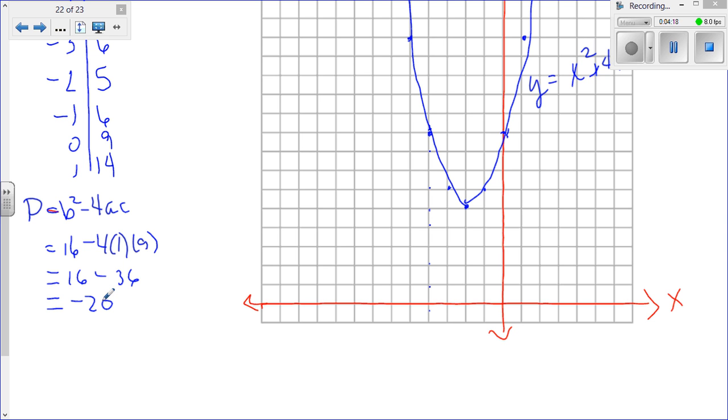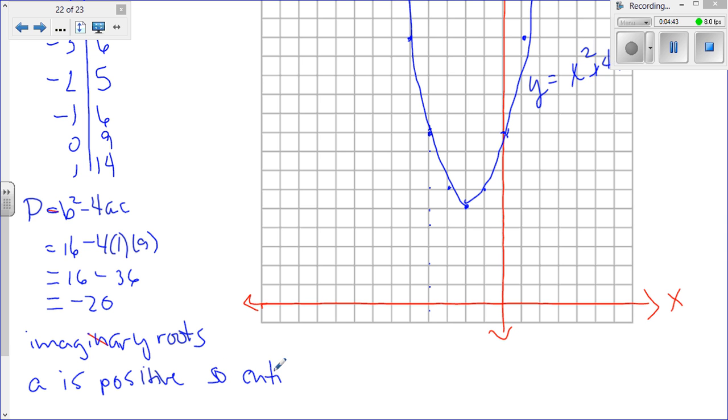So my discriminant is -20. If my discriminant is negative, and in this case, that is constant, the entire graph is above the x-axis.